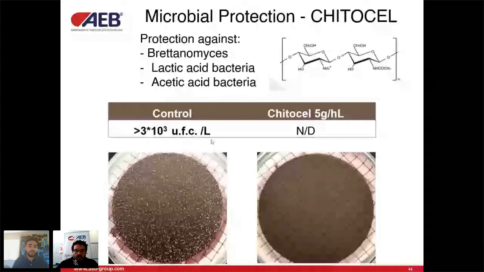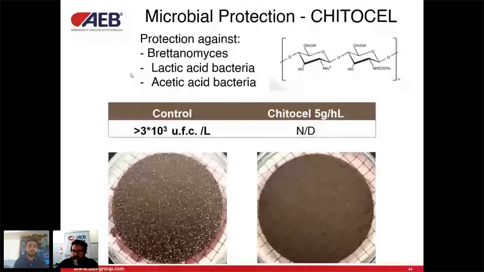Last but not least, I want to talk about microbial protection, because when you put your wine in your barrel, you don't want it to be spoiled by bacteria or spoilage yeast, which could be Brettanomyces or Zygosaccharomyces bailii.